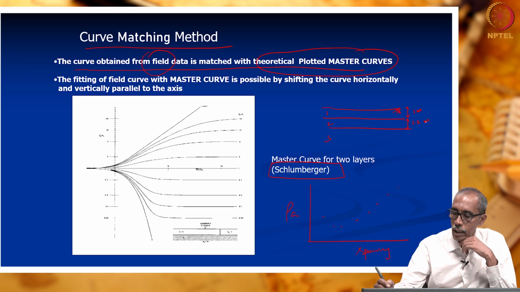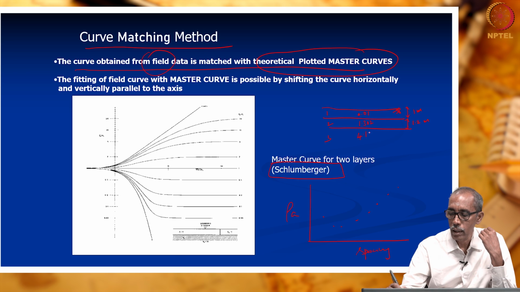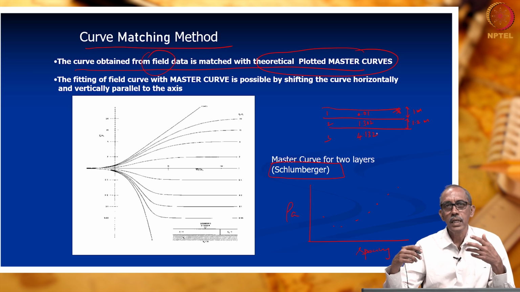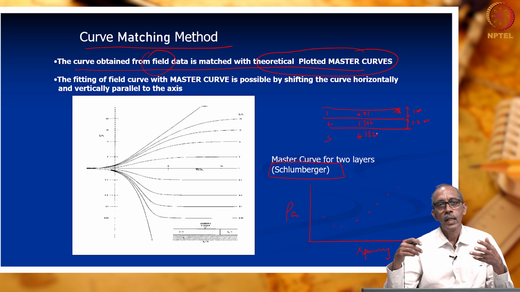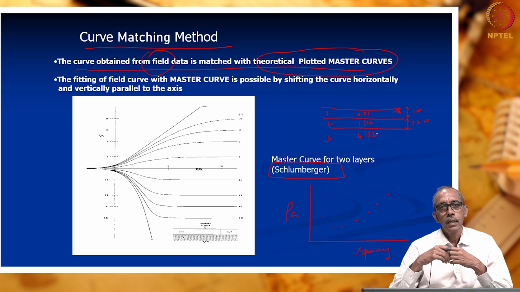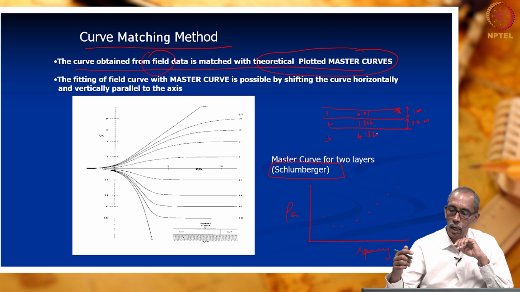Then the true resistivity values: layer 1 is 0.01 ohm meter, this is 1.302 ohm meter, and the third layer is 4.132. I am just writing some numbers mainly to explain how we prepared theoretical master curves.